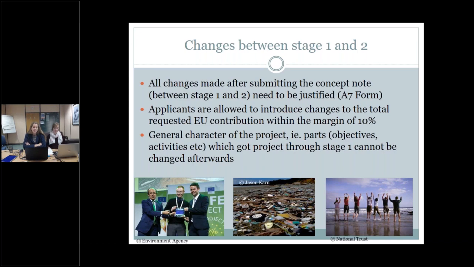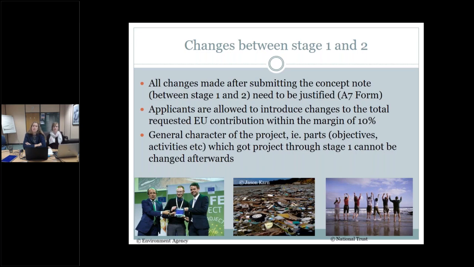So what changes are permissible between concept note stage and full applications? In general, all changes made after submitting the concept note, so between stage 1 and 2, need to be justified, and you need to highlight these changes in the A7 form of your full application.